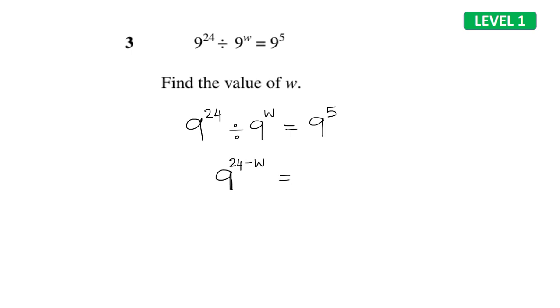So this is equal to 9 to the power 5. Reminding you that whenever you have the same base, I have 9 here, I have 9 here. So whenever the bases are equal, that means your power is going to be equal. So you have to equate the power now.